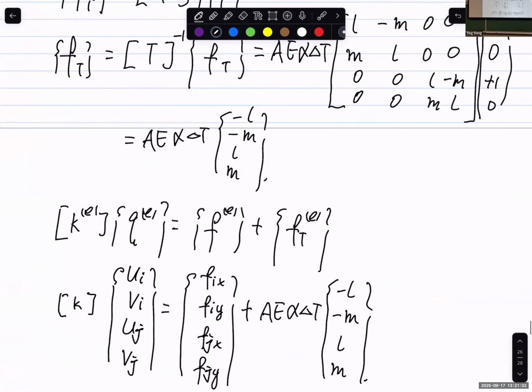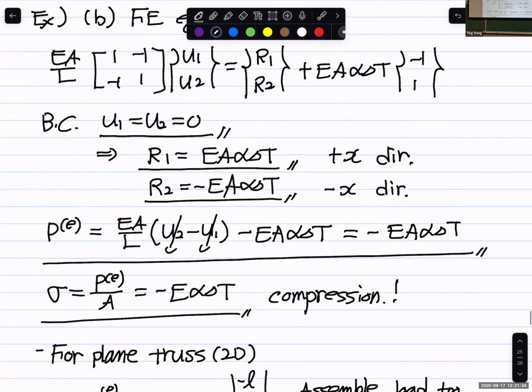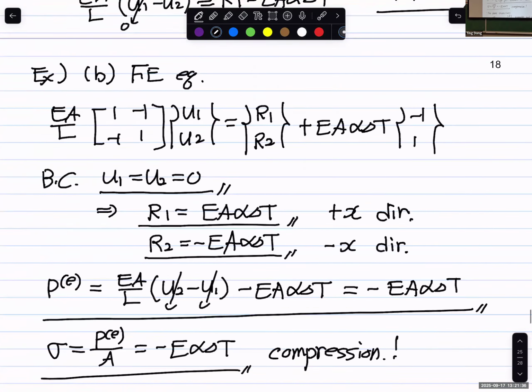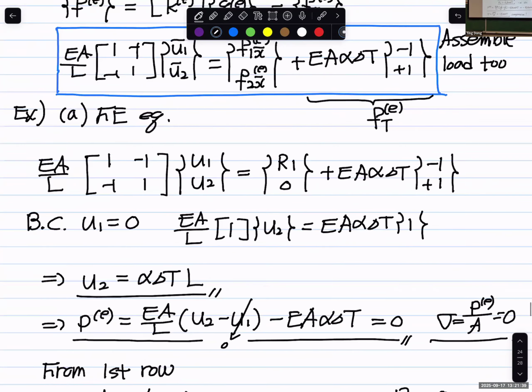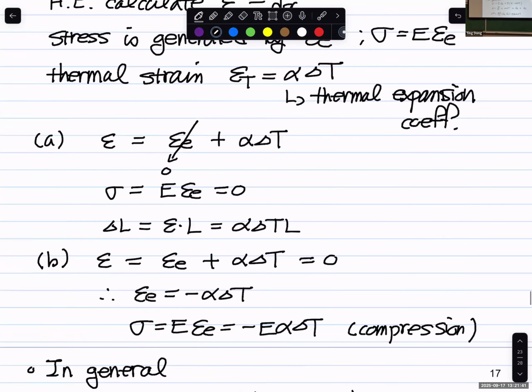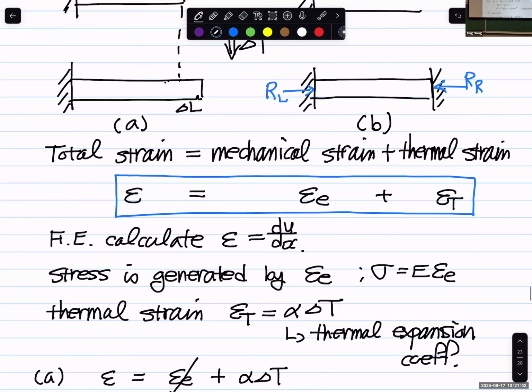Lecture 8, this is the lecture note he gave me. So which one? Oh, yeah, okay. This one has the reaction force. But this is 1D situation. Oh, no, 2D. Okay, it's everything at node 1.